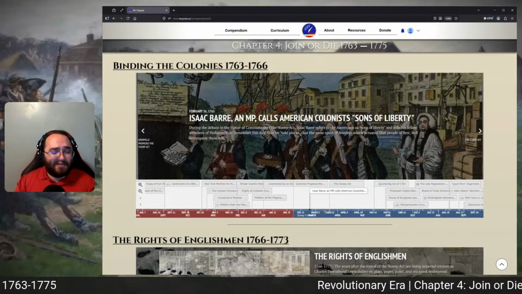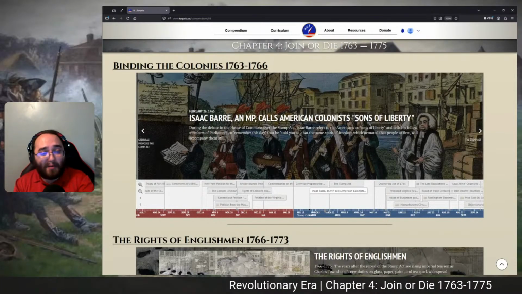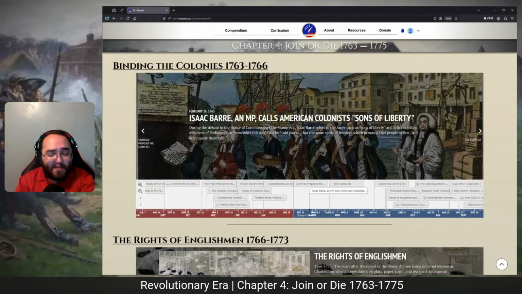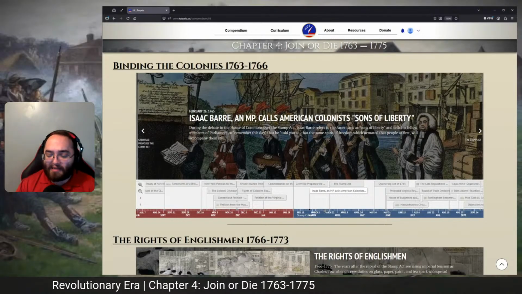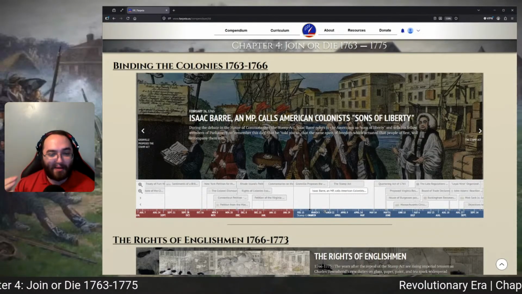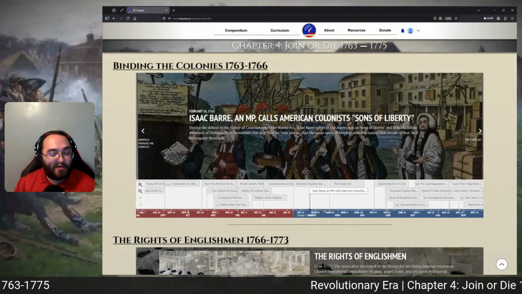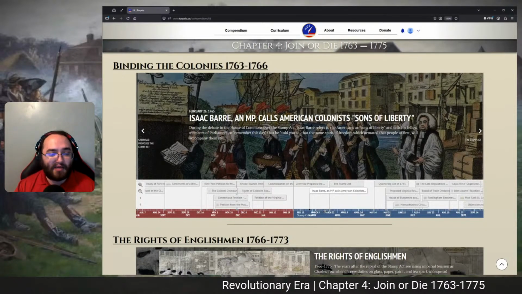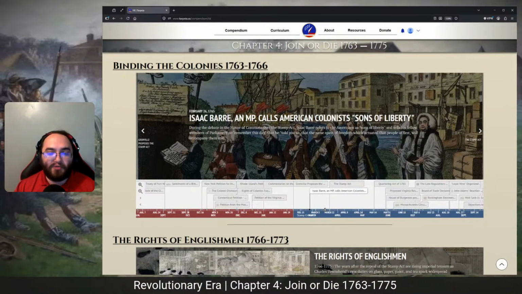They wanted the colonies to be represented in Parliament anyway. And so it's just bad policy, bad politics, bad timing, and bad enforcement of these policies that lead to the American Revolution.